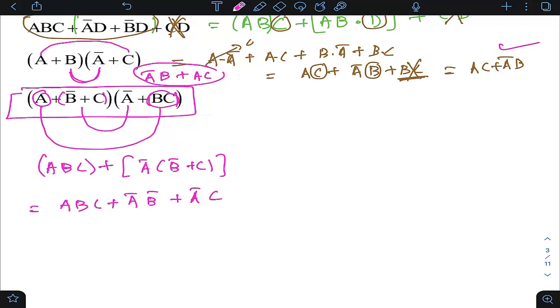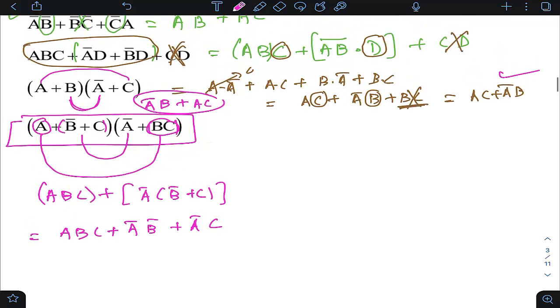Okay, but without knowing the shortcuts, it will be lengthy. But you see how quickly you are able to reach this conclusion. So this is what about your consensus theorems and your De Morgan's law.